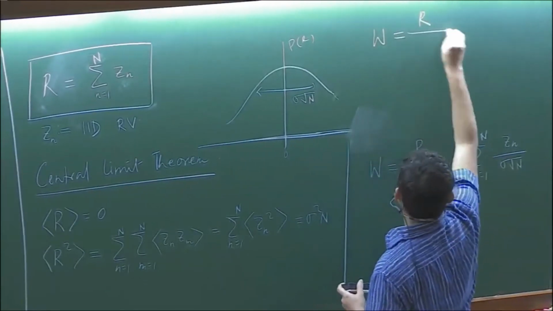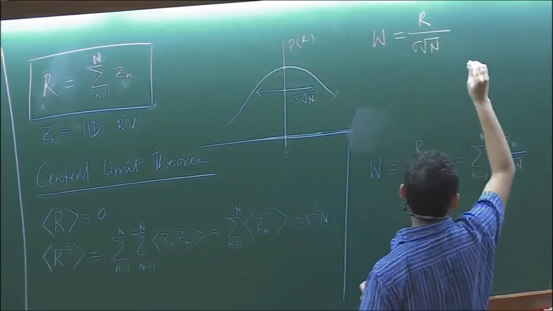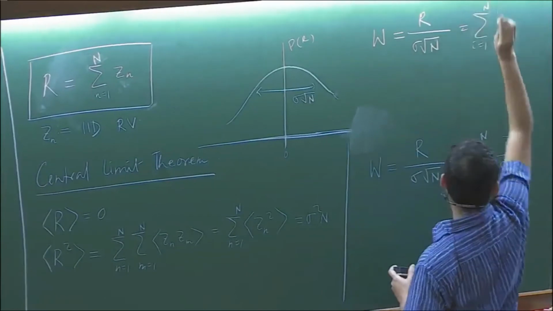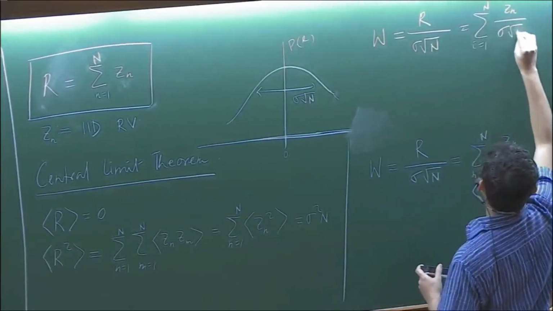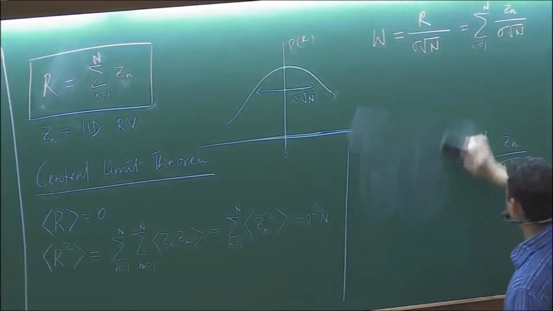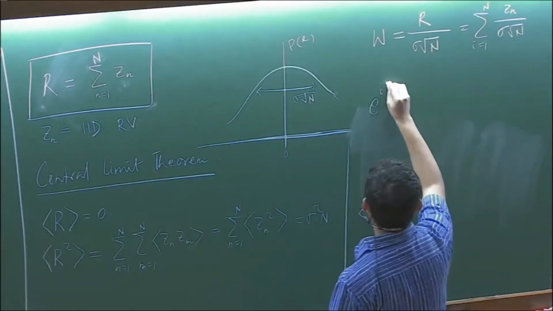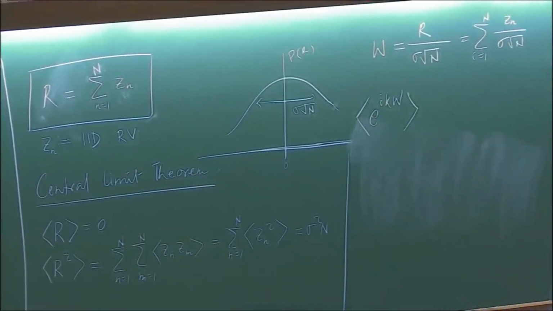So R by sigma square root of N, this is the sum over i equal to 1 to N of Z_n by sigma square root of N. Now I am going to look at this characteristic function.